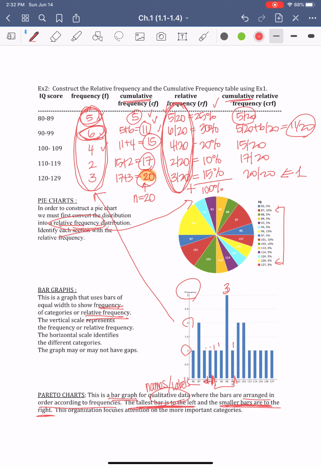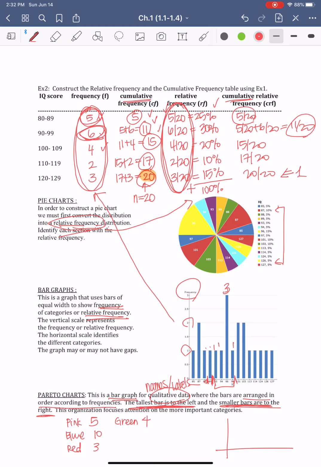I'm just making up numbers. Pink, there were 5. Blue, there were 10. Red, 3. And then green, 4. Then you're going to create a bar graph.